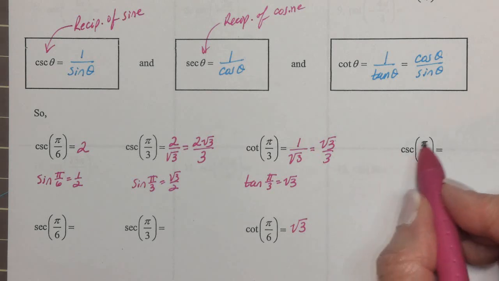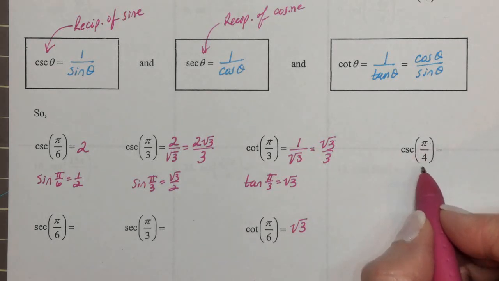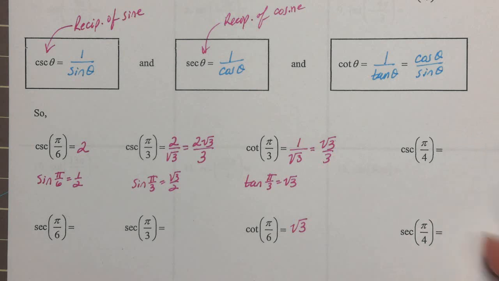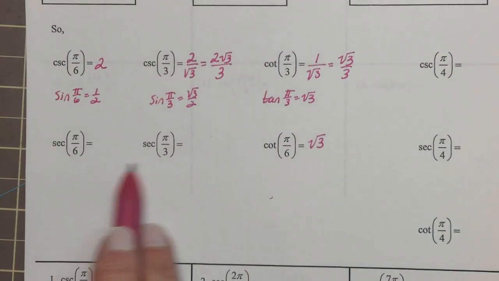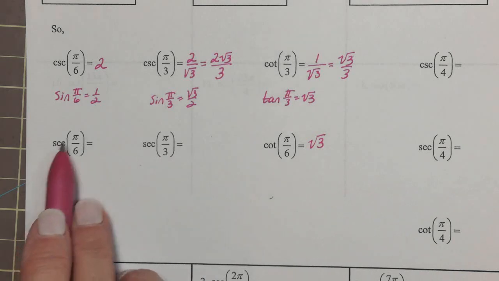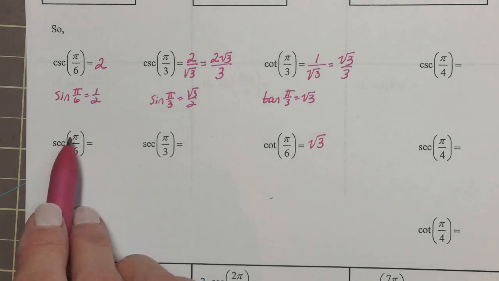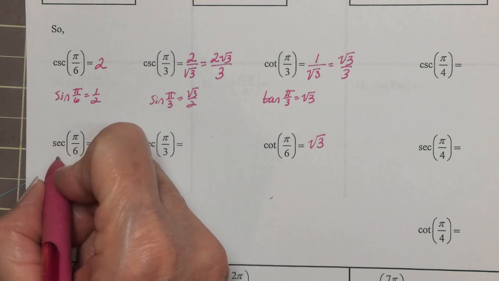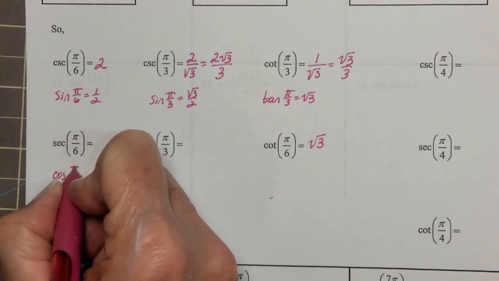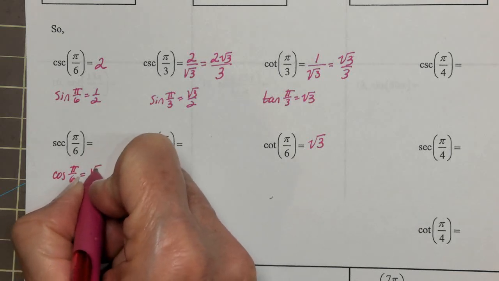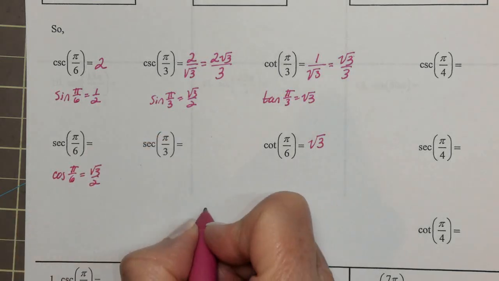Alright, cosecant of pi over 4. I can see I saved those pi over 4s. Let's come and do these other pi over 6s and 3s. Secant of pi over 6 is the reciprocal of cosine of pi over 6, and cosine of pi over 6 is square root 3 over 2.